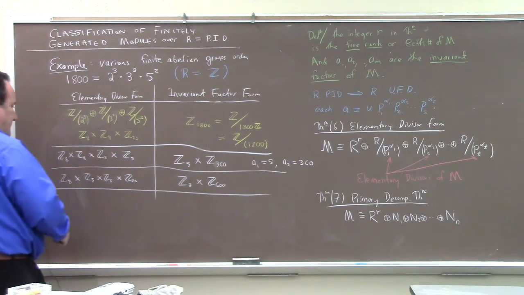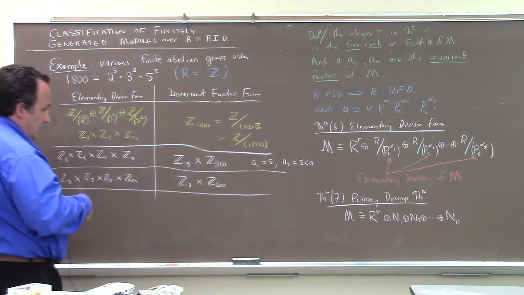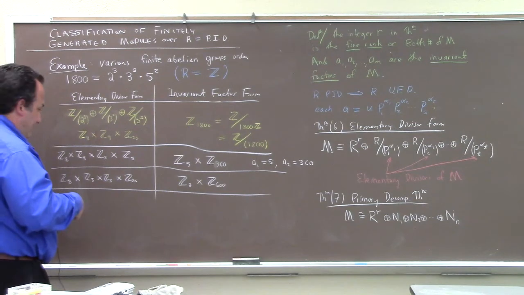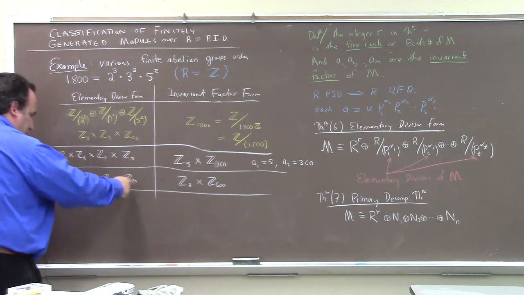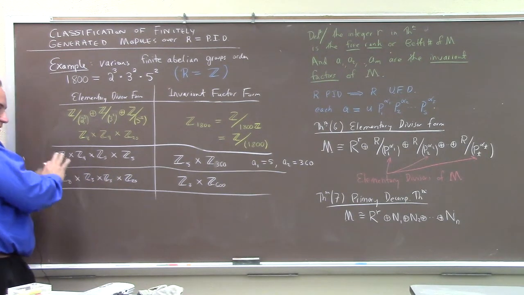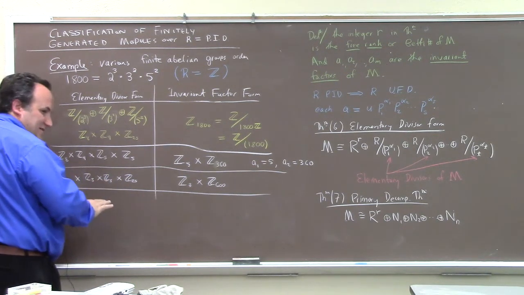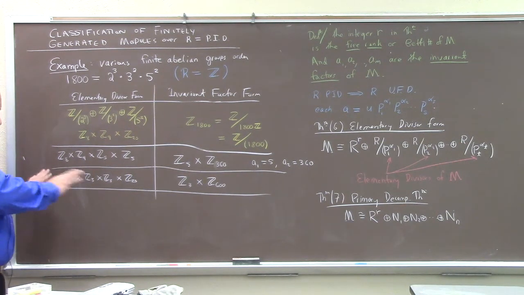So you can say the same reason for Z4 and Z2 cross Z2 not being the same. Yes, the invariant vector forms are different. This we could also write as Z25 cross Z8 cross Z3 cross Z3, but I'm trying not to do that. There are many ways to rewrite it without changing anything.